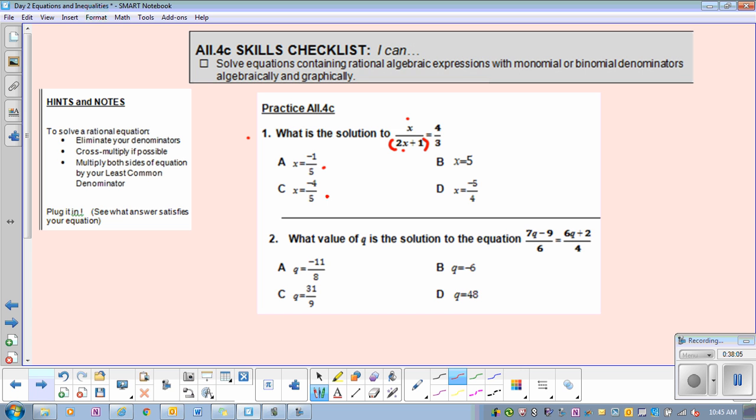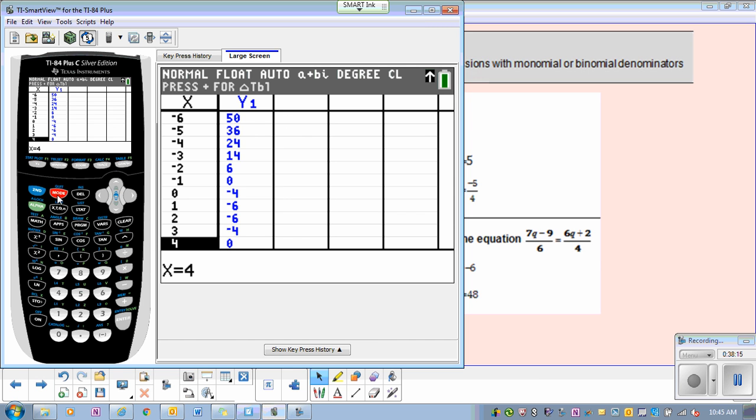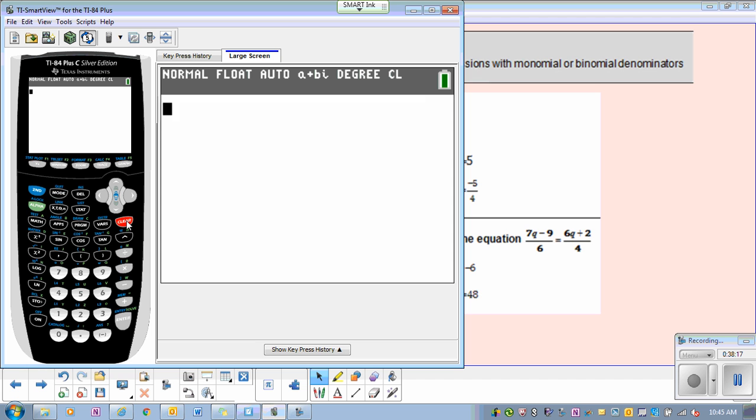So let's plug in. Let's use the store function here. Which one do you want to plug in? A, B, C, or D? B? Okay. B is 5. So let's do 5 store for x.